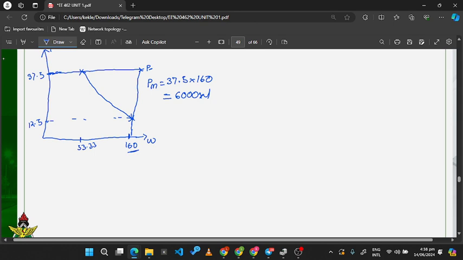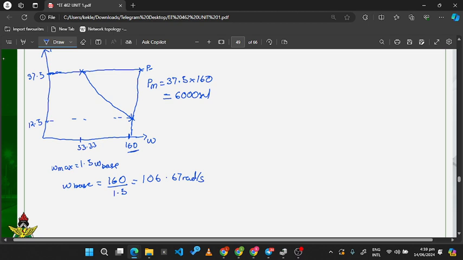And then we can calculate the base speed from that. If omega max equals 1.5 omega base, so omega base will be the maximum speed, 160 divided by 1.5, and that gives us 106.67 radians per second.